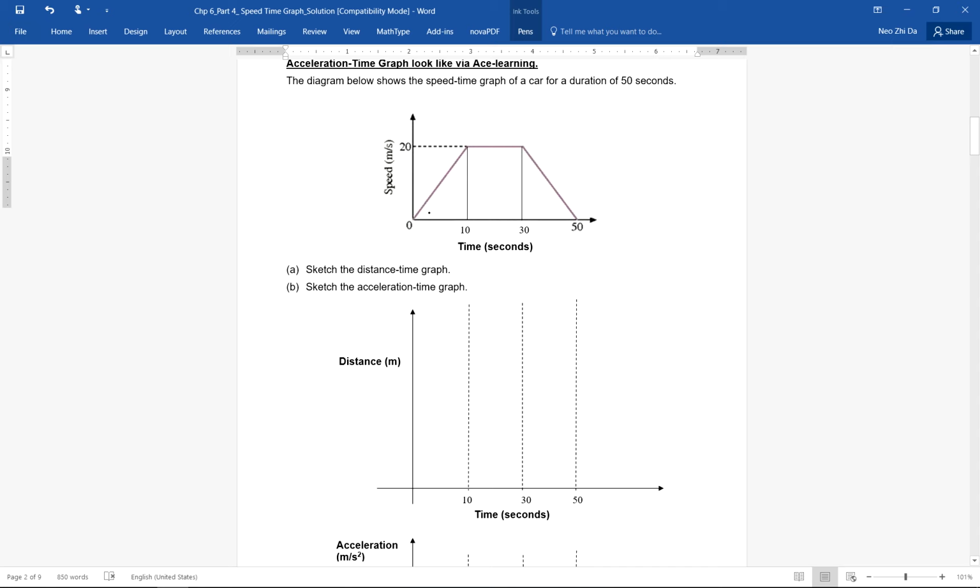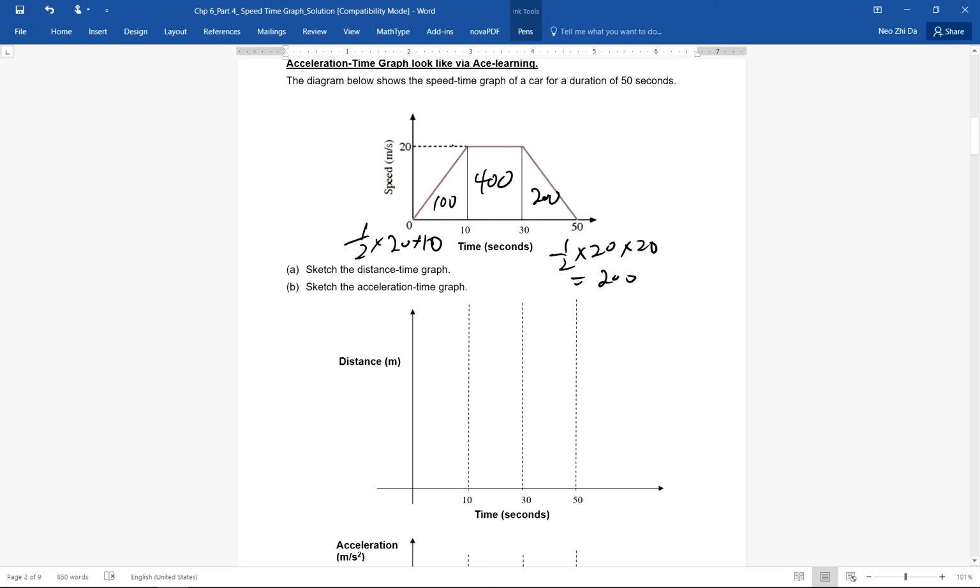Over here, this one is half times 20 times 10, so the answer is 100. This is a rectangle, so 20 times 20, 400. So as of now, the total distance covered is 500 already. This one is again half times 20 times 20, so the answer is 200. Now, your distance time graph will look like that.